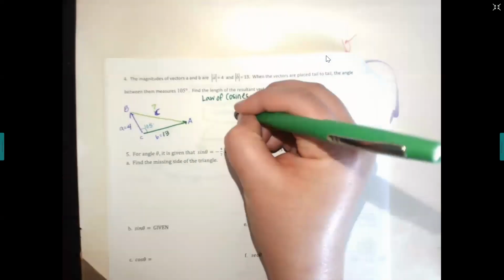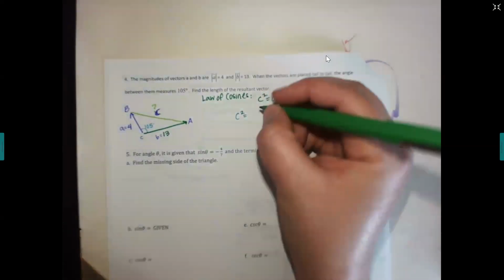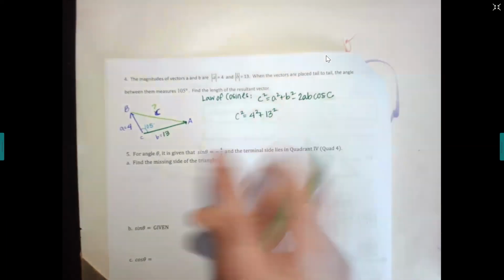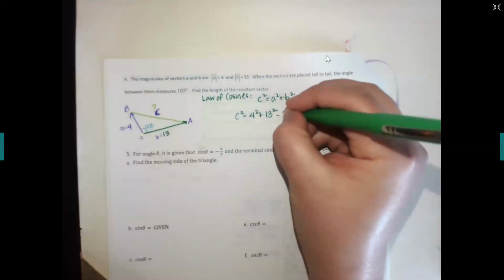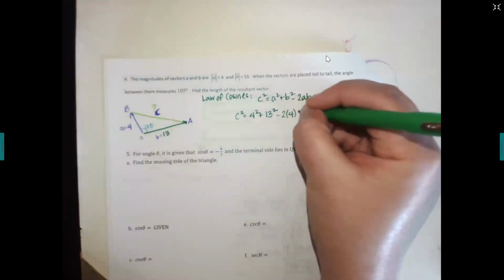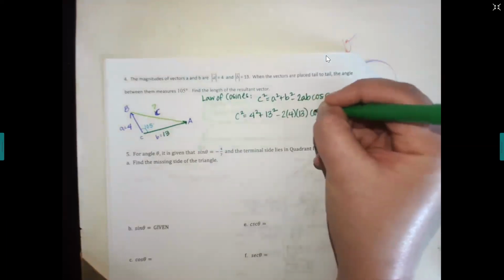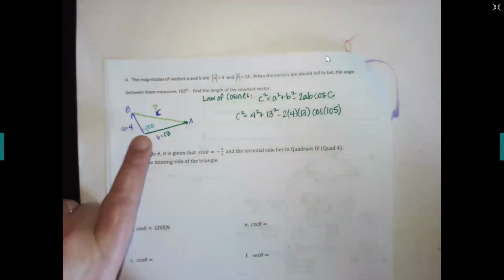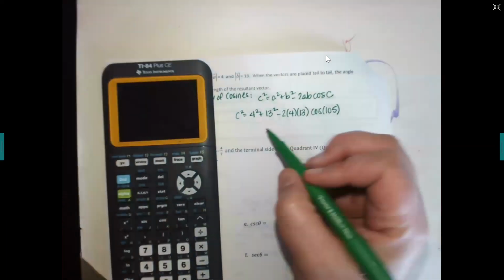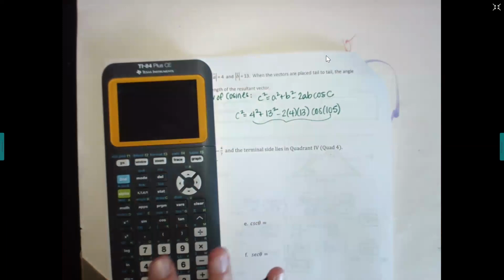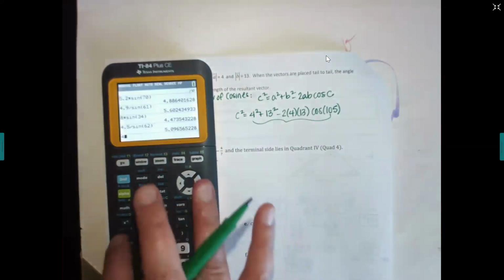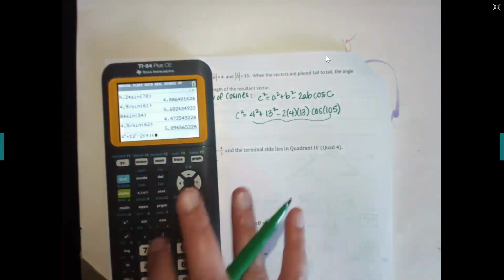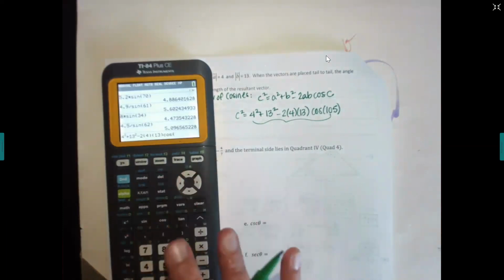So it's C squared equals A squared, which is 4 squared, plus 13 squared for my B, minus 2AB, which is 2 times 4 times 13, and then times the cosine of C, which is 105. And then all that I'm going to do is type this whole thing in at once. So 4 squared plus 13 squared minus 2 times 4 times 13 times the cosine of 105.